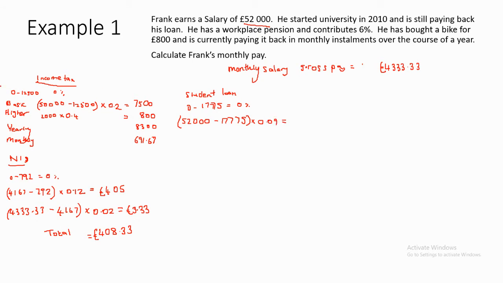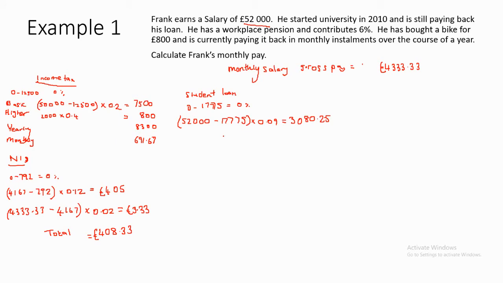So that is equal to £34,225 times 0.09 is £3,080.25.